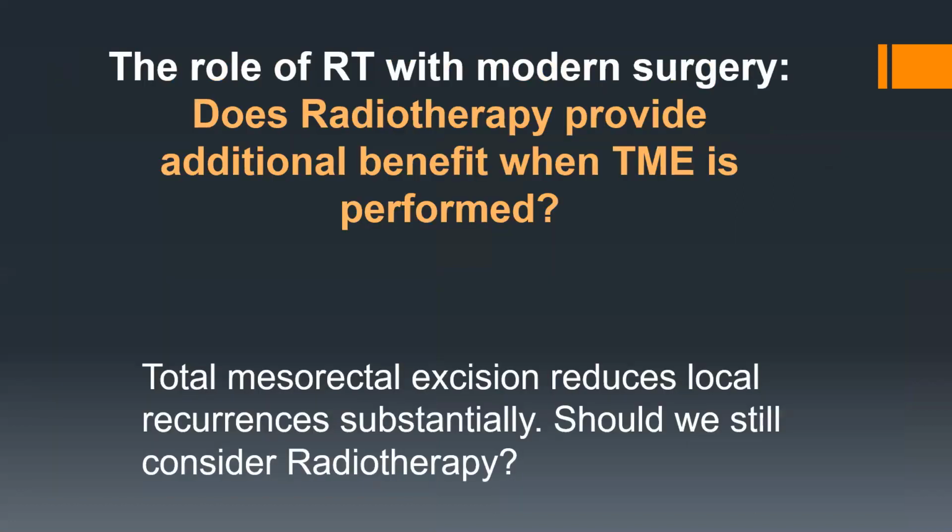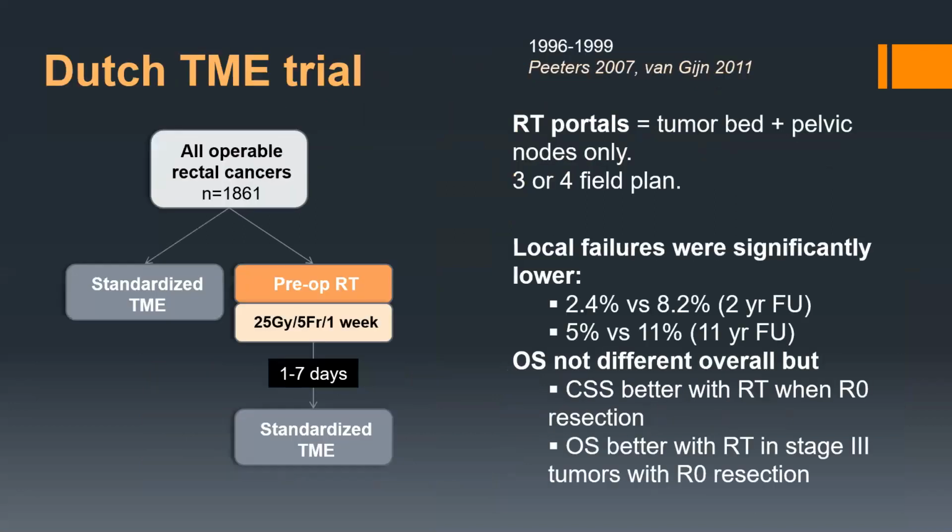So the question now arose that if surgery itself is bringing down the local failure rate to 10% or less, what is the need to give radiotherapy at all then? Because radiotherapy was basically helping when the local control rate was high. So what is the role of radiotherapy with modern surgery? To answer this question, again, it was in Europe, in the Netherlands, that a very large randomized control trial took place.